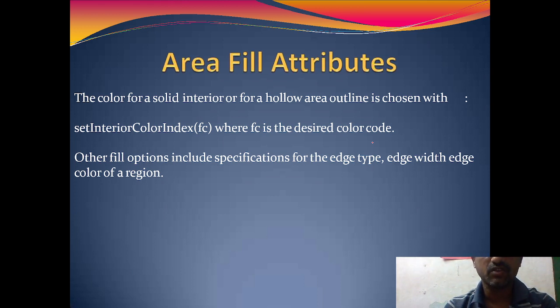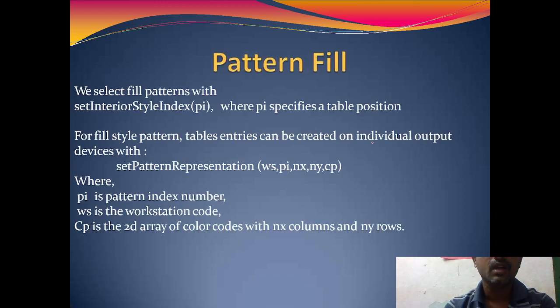Other fill options include specifications for the edge type, edge width, and edge color of a region. For pattern fill, we select fill patterns with set interior style index of PI, where PI specifies a table position. For fill style pattern, table entries can be created on individual output devices. Set pattern representation of WS, PI, NX, NY, CP, where PI is the pattern index number, WS is the workstation code, and CP is the array of color codes with NX columns and NY rows.